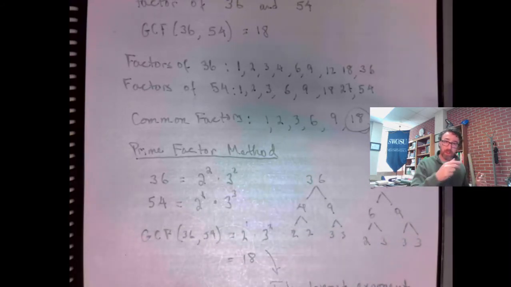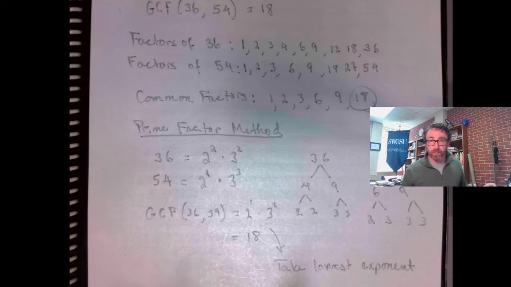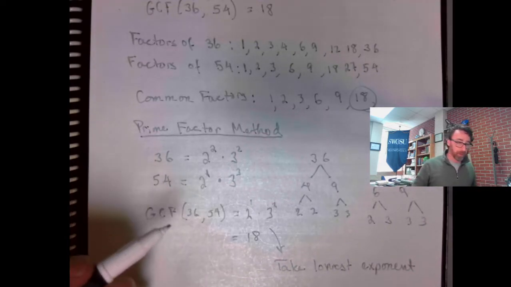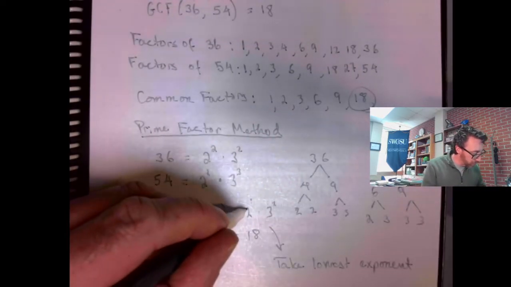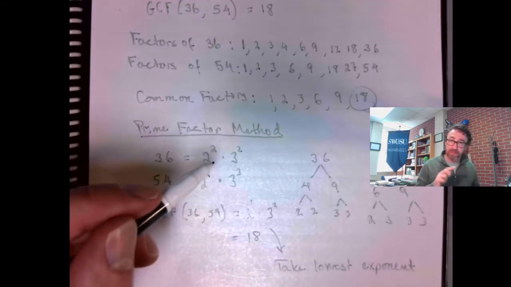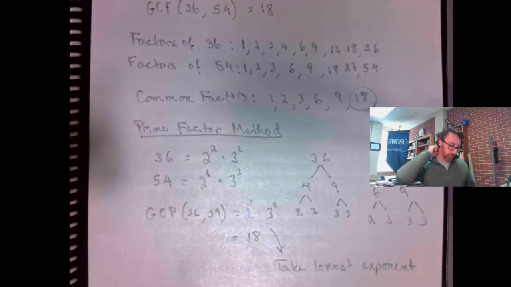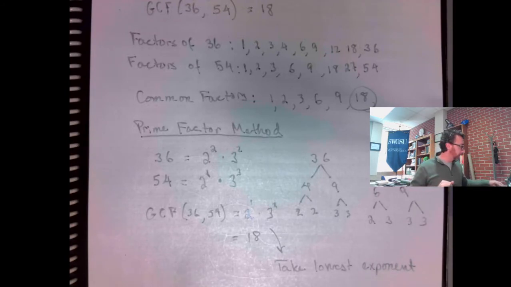Okay, so take the lowest exponent when you look at your prime factorization. So you look at all the prime factors in each number and take the lowest exponent on any of them. I suppose we do need to be a little bit careful if one of these guys has maybe like a missing factor.